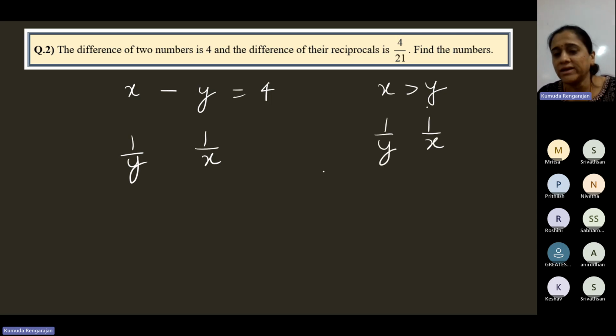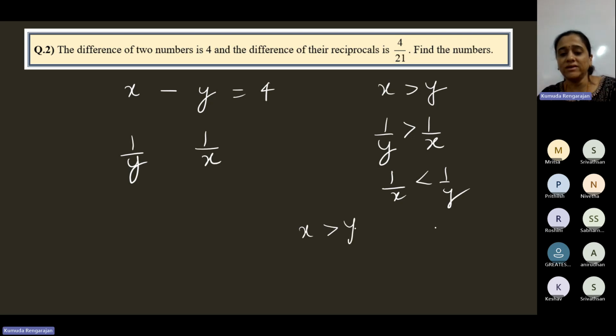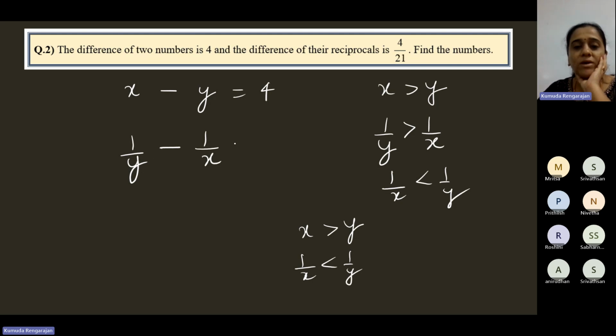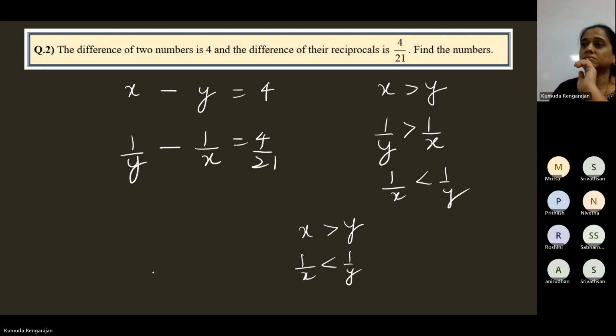When x is greater than y, 1 by x will be less than 1 by y. So the difference of the reciprocals, the reciprocal of y will be greater. So 1 by y minus 1 by x is equal to 4 by 21. Correct?